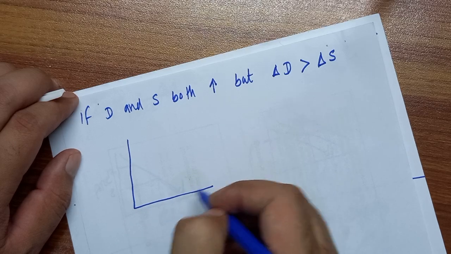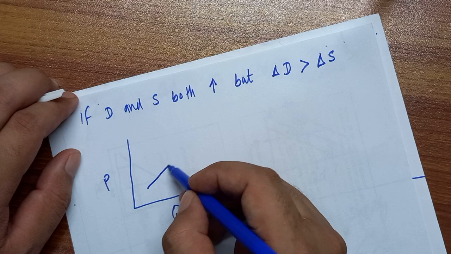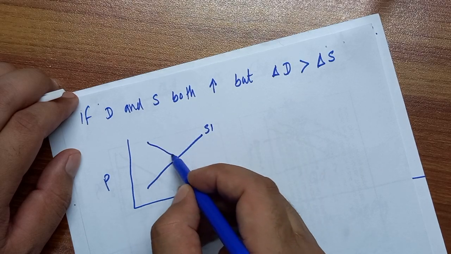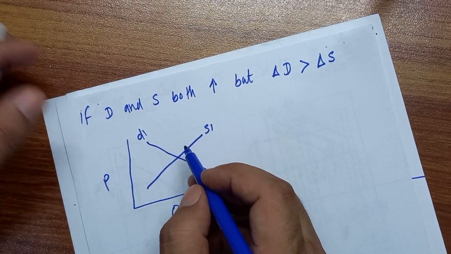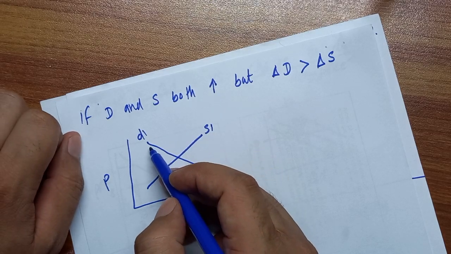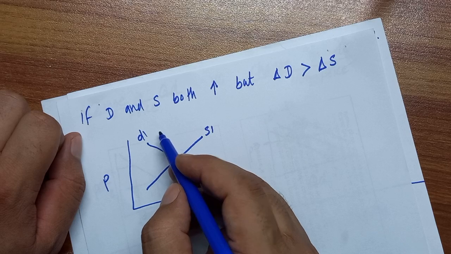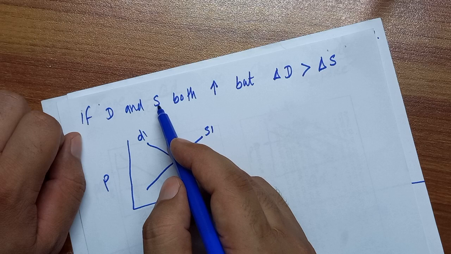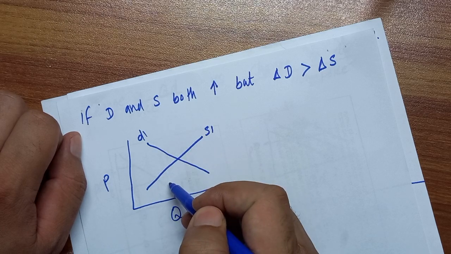This is the graph, this is Q, this is P, and this is the original line of supply, this is the original line of demand. When we increase demand, we will draw above the original line, and when we increase supply, we will draw below the original line.